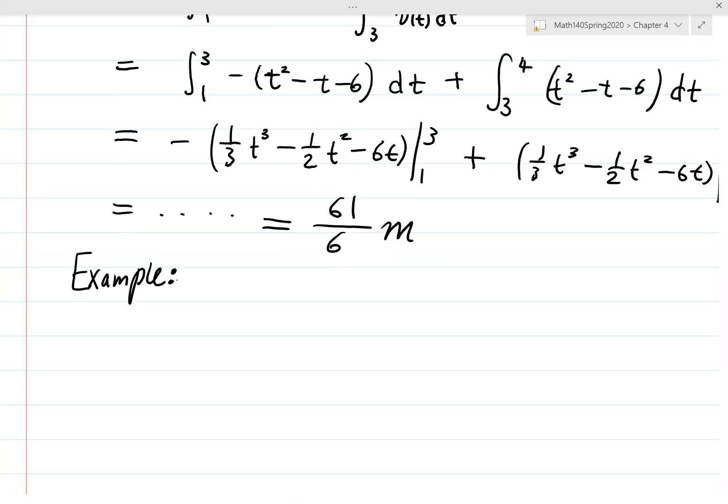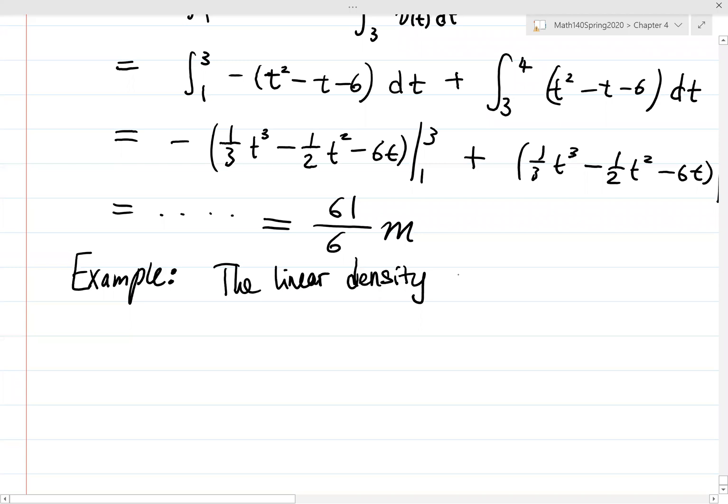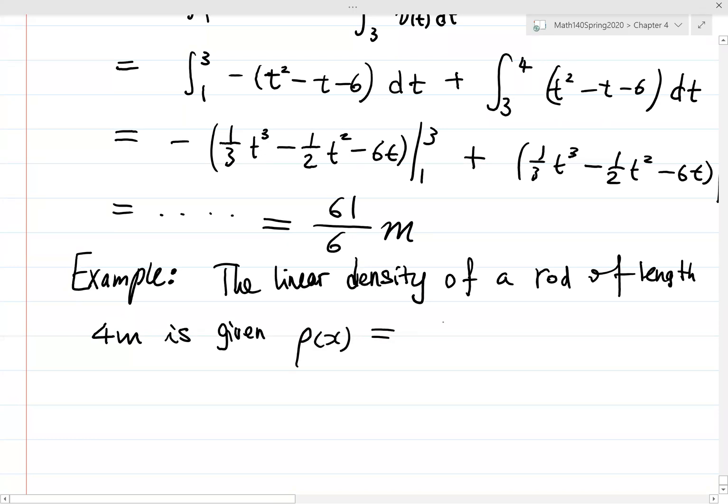Suppose we know the linear density of a rod of length 4 meters is given by rho(x), which is 9 plus twice the square root of x.